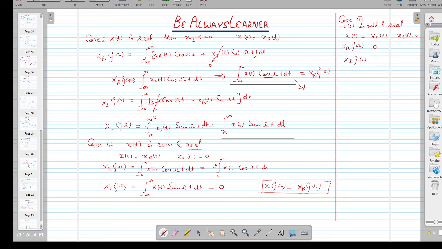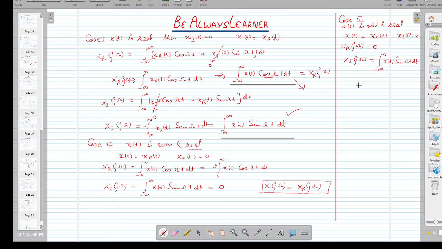j omega, we have to compute. That is given by integration from minus infinity to infinity x t sine of omega t dt. That is given by this sort of equation. And here the x function that we have is an odd function, right?